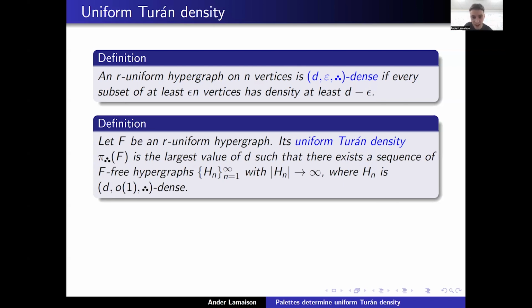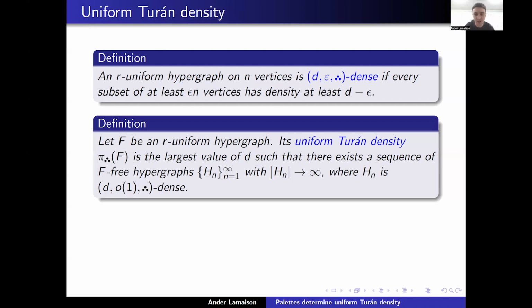For a fixed hypergraph F, we want to find the largest value of d such that we have a sequence of arbitrarily large hypergraphs which have uniform density tending to d, and which do not contain F as a subgraph. Again, the difference between the 2 notions is that we have replaced just having edge density d in the whole graph with having density d on every linear sized subset of our graph.